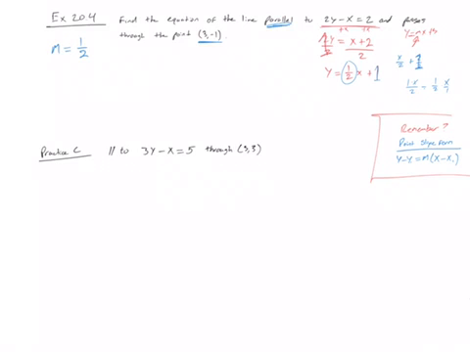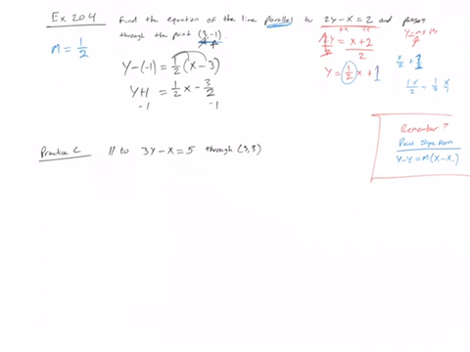Let's just plug it in. y minus y1, which is -1, is equal to m, which is 1/2, times x minus x1. It's going to be y plus 1 is equal to, distribute this in, 1/2 x minus 3 over 2.